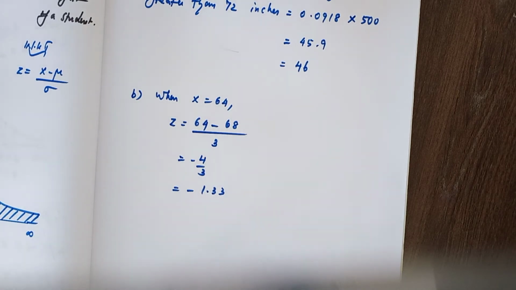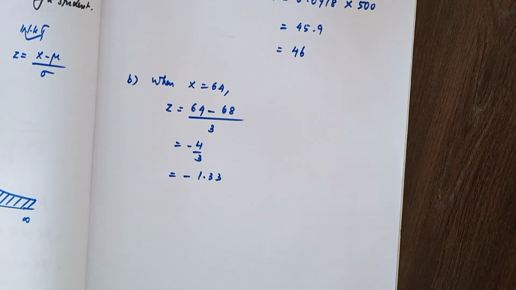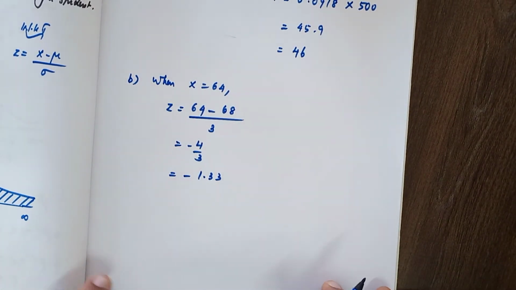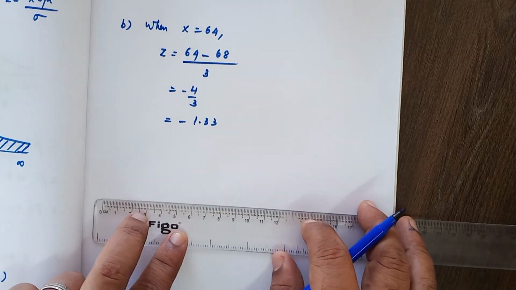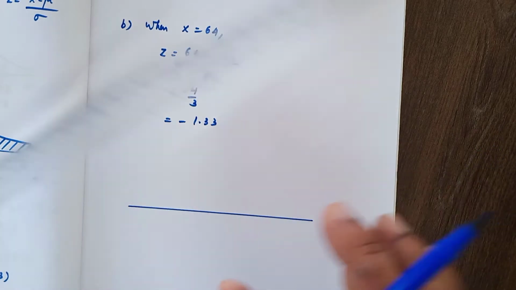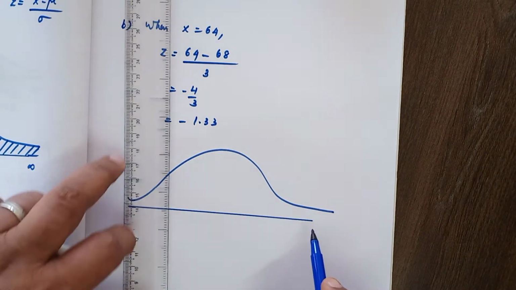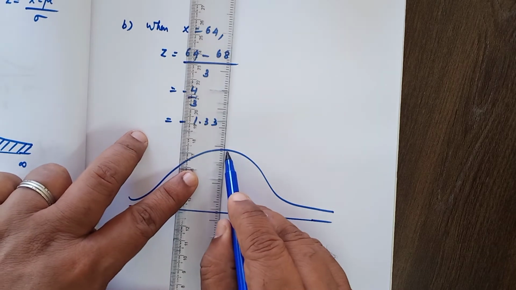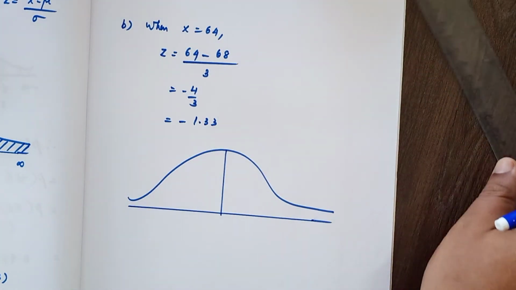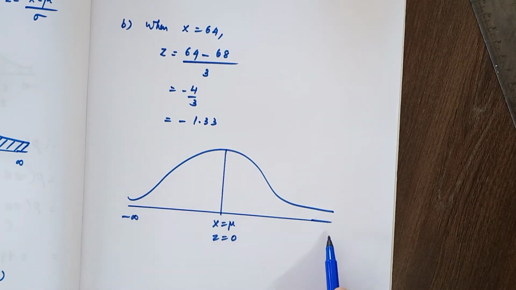Then draw a normal curve. Center line, x equals mu, z equals 0, minus infinity, plus infinity.